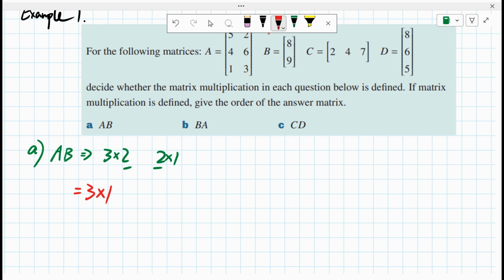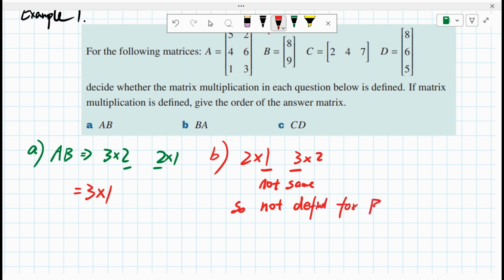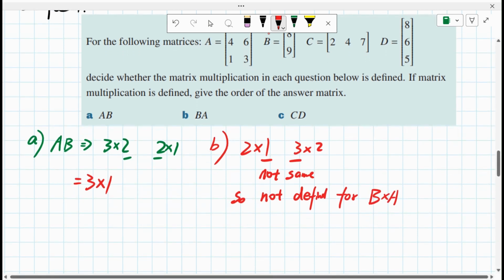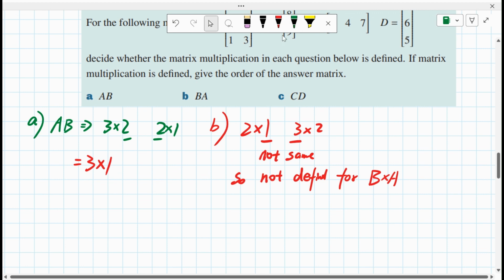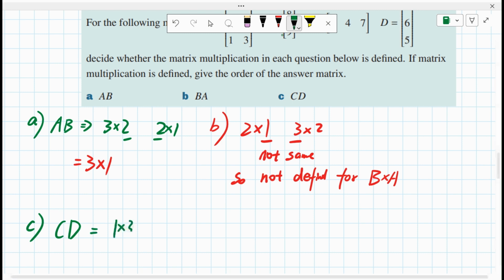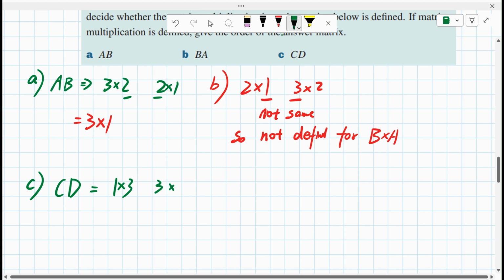Then let's try B and A. B is 2 by 1 and A is 3 by 2. Those two numbers are not the same, so B times A is not defined. Now let's try C and D. C is a 1 by 3 matrix times a 3 by 1 matrix.